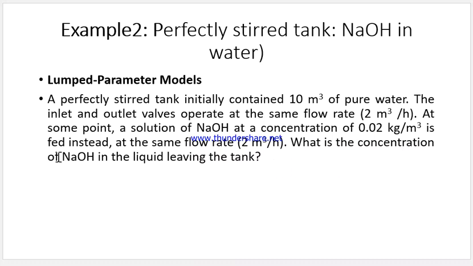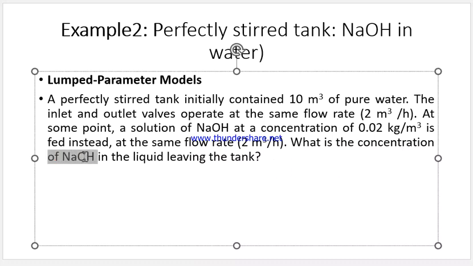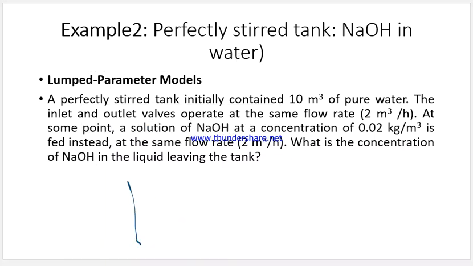Please look at this now. We are looking for the parameter of sodium hydroxide, not water again now. So let's look at how this works. So we have the tank. It contains water initially, only water. After some time, they feed in water and sodium hydroxide concentration in water.